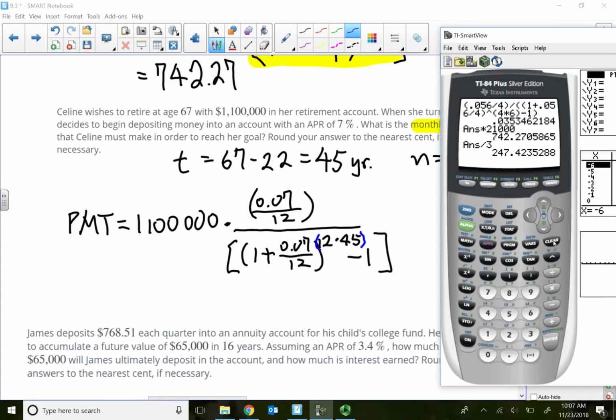All right, so let's take a look. She needs to end up with $1.1 million after 45 years. Now, let's put this big old fraction in the calculator first, then we'll multiply by 1.1 million.